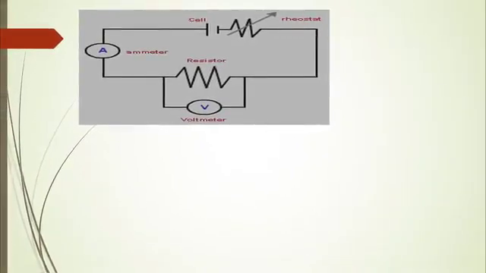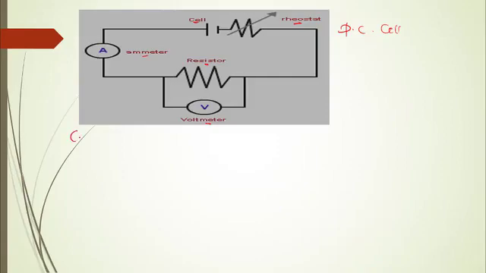Look at this circuit very well. You see the cell, the rheostat, the ammeter, the resistor, and the voltmeter. This is an example of a DC circuit. These are the electric components that make up this circuit, so let's analyze them one after the other.